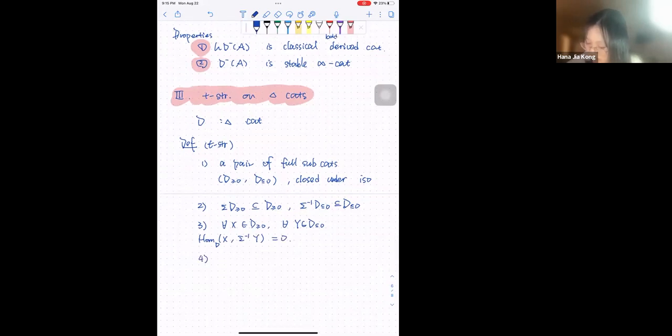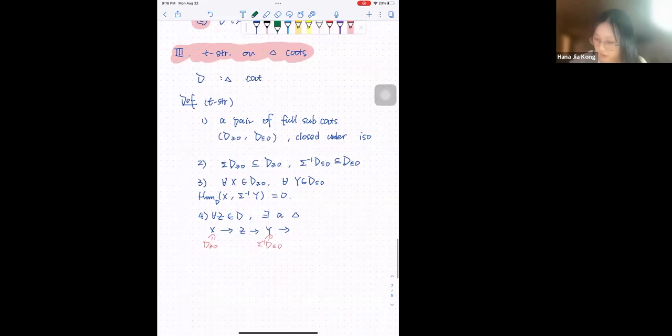And the fourth condition is that for any object z in D, there exists a triangle x to z to y such that x is in D greater or equal to 0 and y is in the suspension of D smaller or equal to 0. Okay, so these are the axioms for a T structure.